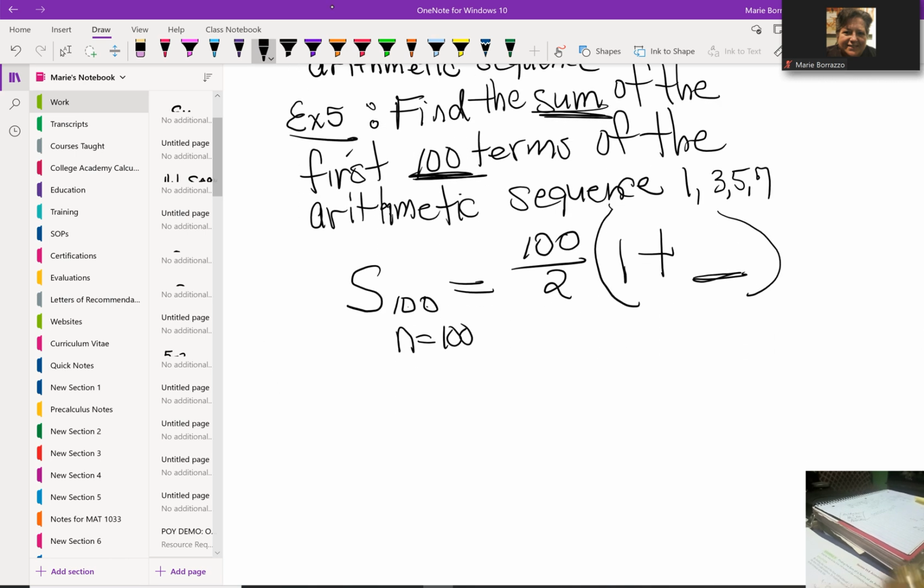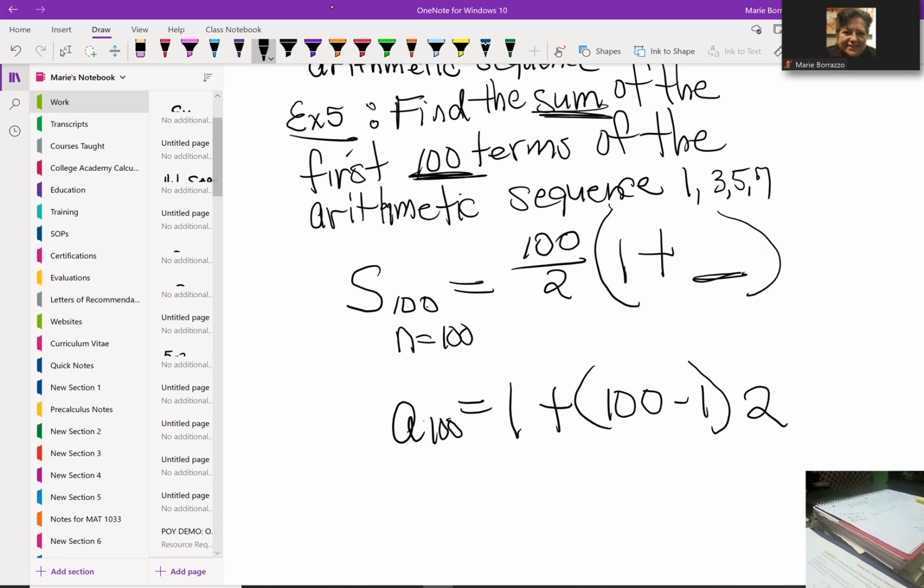to our original formula and we say, okay, then a sub 100 is equal to 1 plus the 100 minus 1 times the common difference. The common difference looks like it's plus 2 because I go plus 2 on every one of those. So that times 2. And that means that my a sub 100 is 199.